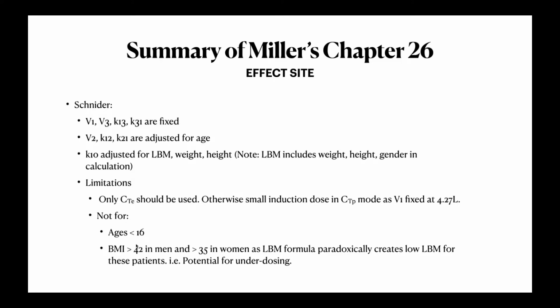Now, it's not suitable for ages less than 16. And the other thing to note is limited by your BMI. So BMI more than 42 in men and more than 35 in women, as the lean body mass formula paradoxically creates a low lean body mass for these patients. In other words, there's a potential for underdosing.